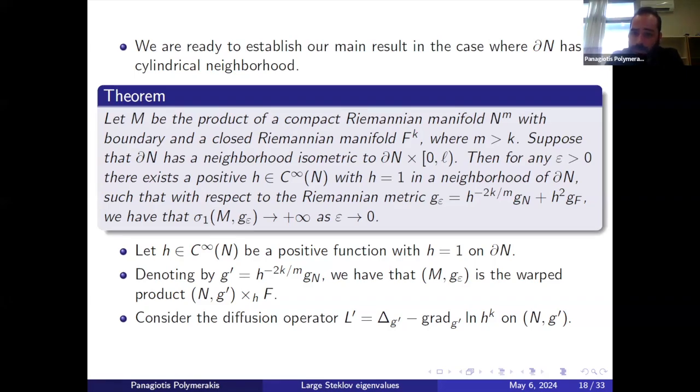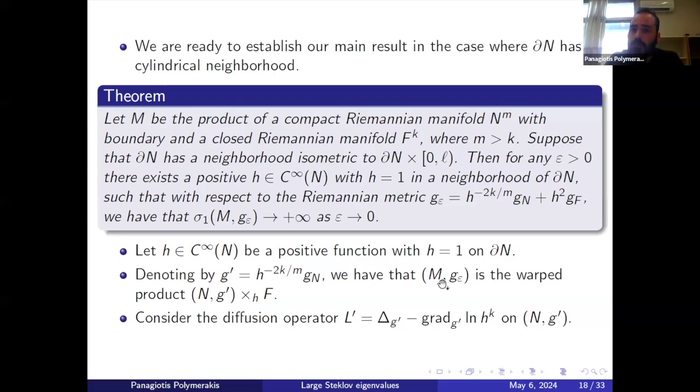Okay, so we begin with such a function, which will be specified, at least theoretically, in the sequel. Then N, endowed with this metric of the statement, is actually the warped product of the base manifold N, endowed with this conformal metric, with F, with warping function H. So we already have an expression for the Steklov spectrum of this manifold.